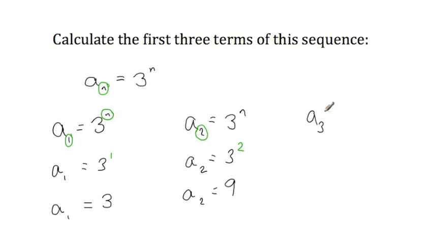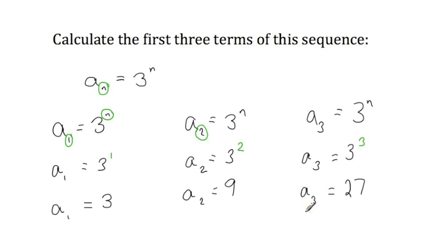And to generate the third term, a sub 3, we'll use the exact same formula. 3 to the nth power is how we generate each term. So the third term, a sub 3, is 3, and since we're after the third term, the exponent here is 3. 3 cubed means 3 times 3 times 3, which is 27.